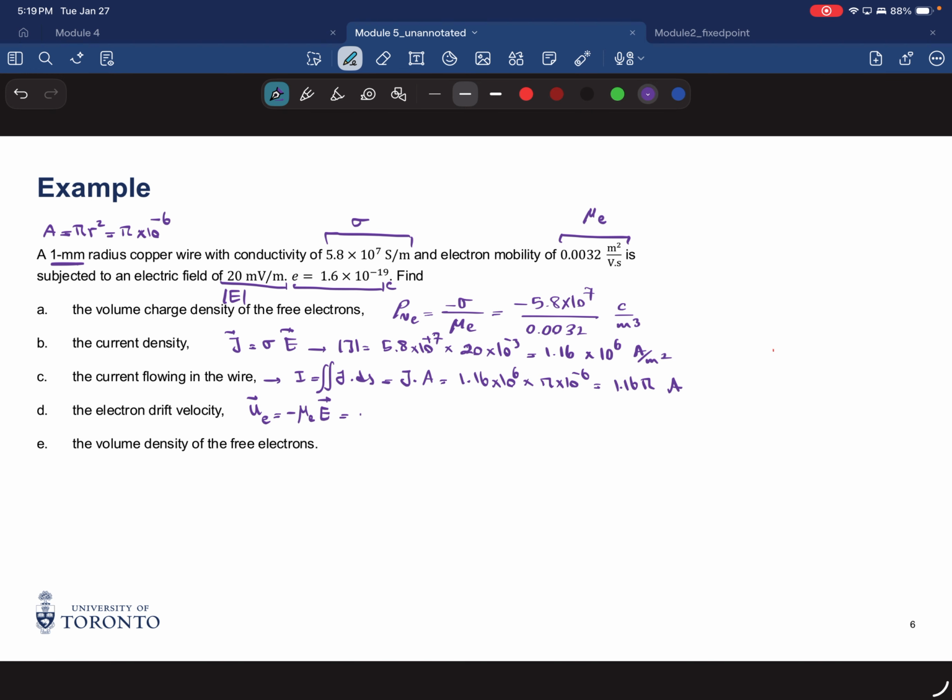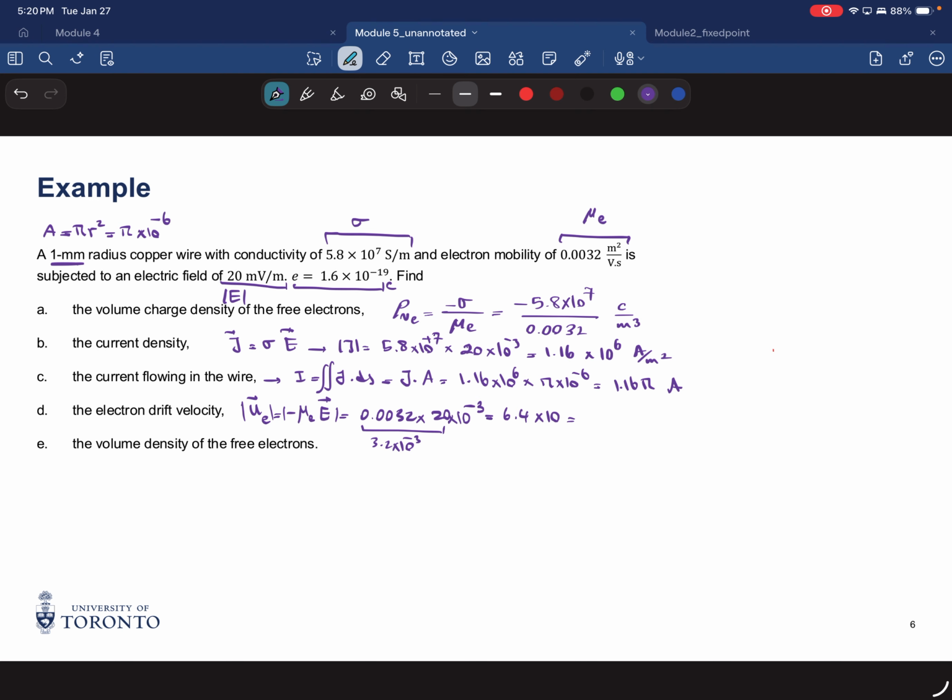So if you're looking for the amplitude of it, it's going to be amplitude of this. So 0.0032 multiplied by 20, 10 to the power of minus 3. That's 3.2 or 6.4 multiplied by, oh, who knows how many zeros. So this is 3.2 multiplied 10.